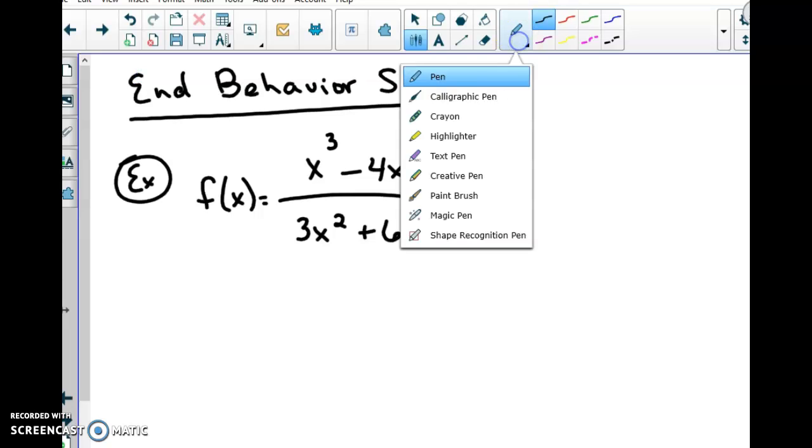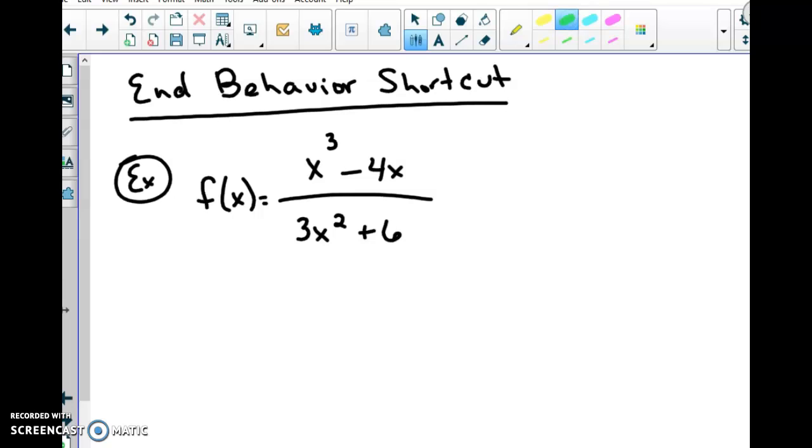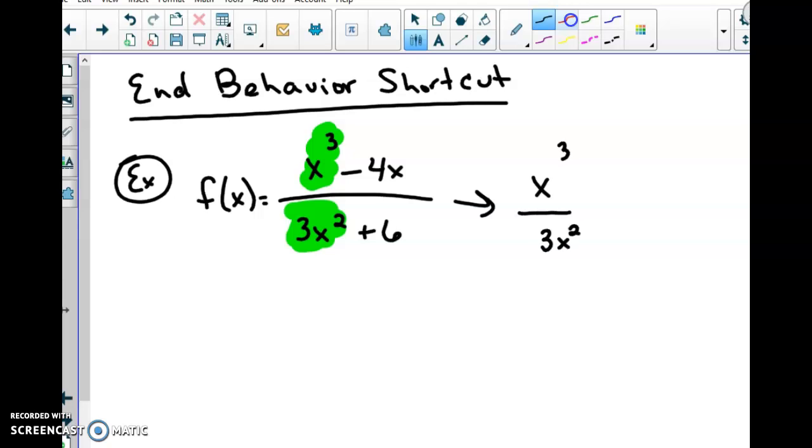What really matters when we're talking about the end behavior is the leading coefficient, or the leading term. The leading term is the highest exponent. So realistically, we can think about it as x cubed over 3x squared.